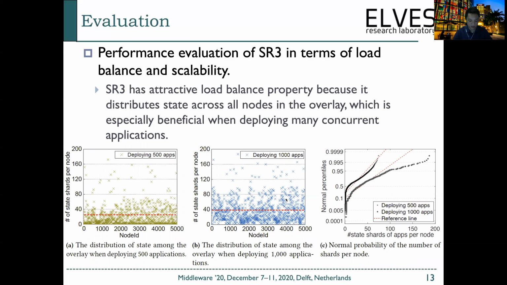In the overlay network, we have 5,000 nodes, and you can see the shards are evenly distributed over the servers in the overlay network. The third figure is related to the normal probability for the recovery of the deployed states on the overlay network.